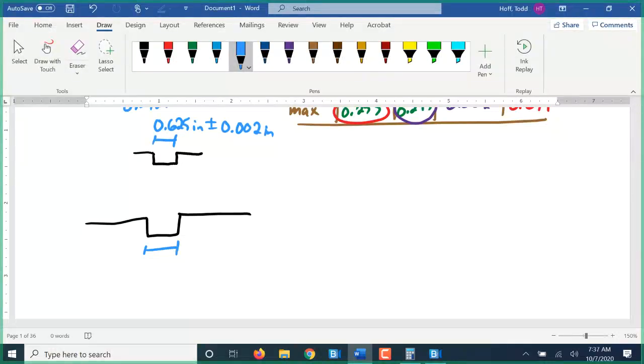And the groove that it is running in here is 0.630 inches, plus or minus 2,000ths. So again, find for me the minimum and maximum clearance for this.